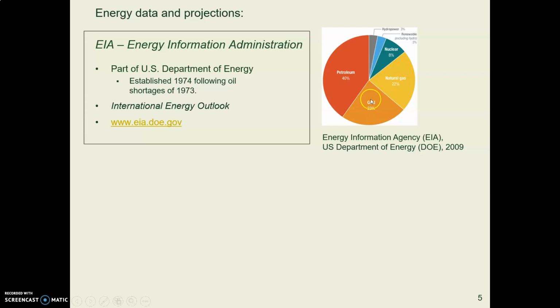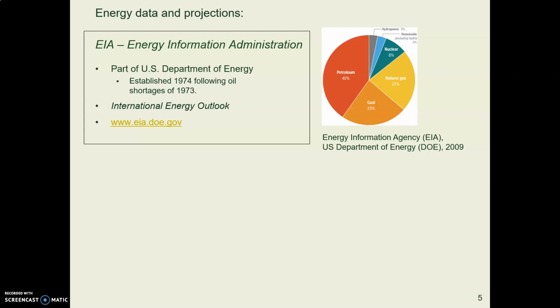Here's its website. And the EIA publishes a massive report every year called the International Energy Outlook. Because it's from the federal government, it's totally free. You can download it anytime you want to, and you can download smaller subsections of it anytime you want to.